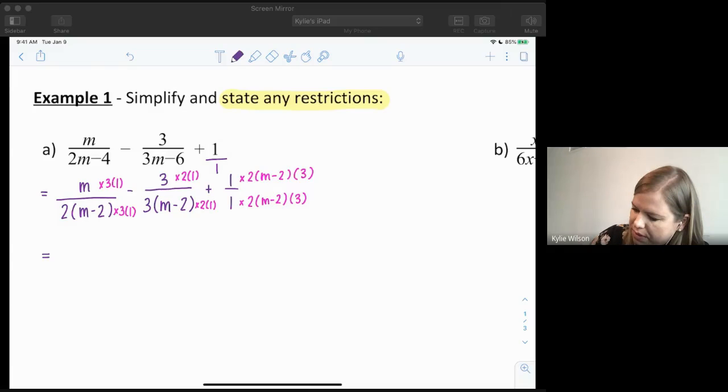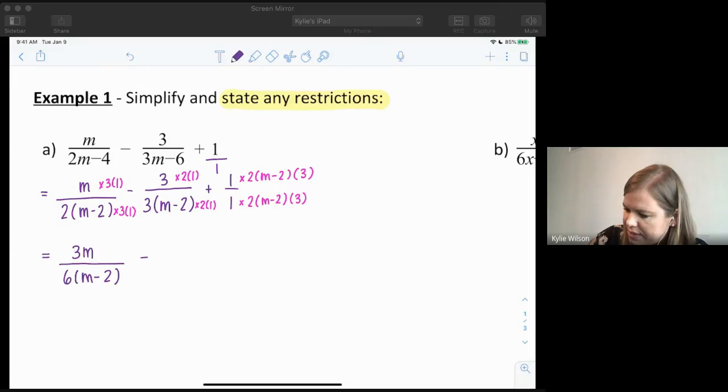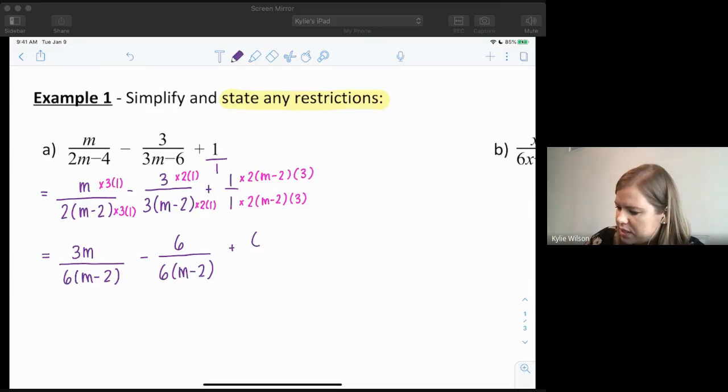On the top, we have 3m all over 6 times m minus 2, minus 6 all over 6 times m minus 2, plus 6, oops, forgot my bracket, m minus 2, all over 6 times m minus 2.